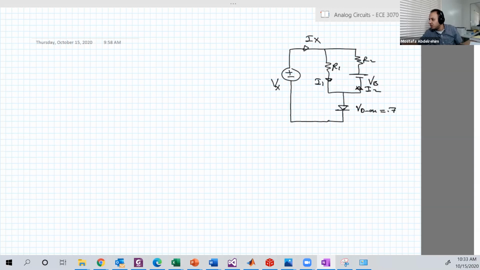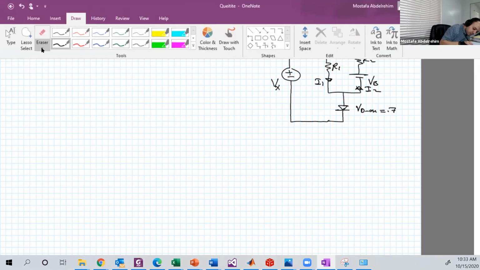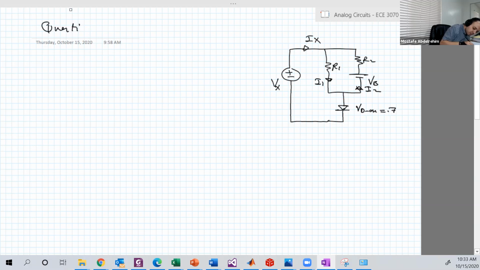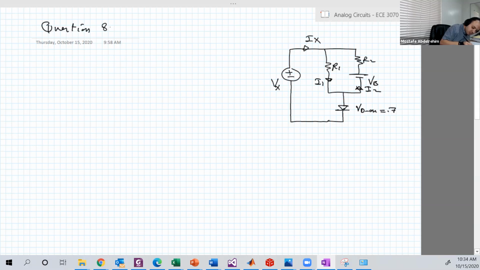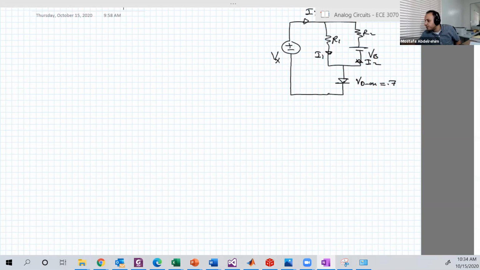This should be question 8, 9, and I also will solve maybe the last one, 15. Yeah, I will solve these 3.